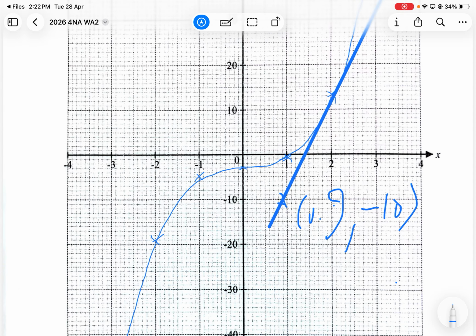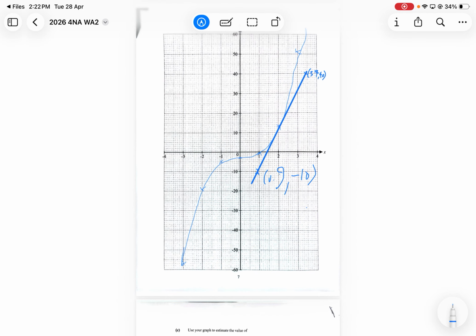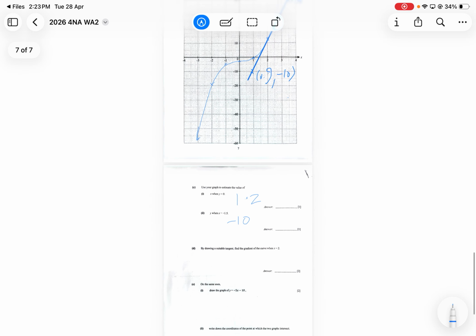Yes, of course. Your graph, you will choose different points. But in the end, the gradient should be roughly the same. Okay? So, change in y over change in x. 40 minus negative 10, over 3.4 minus negative 0.9.